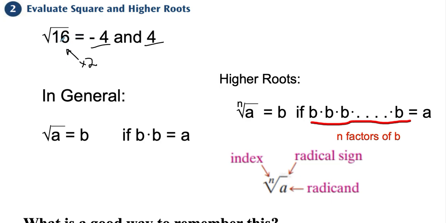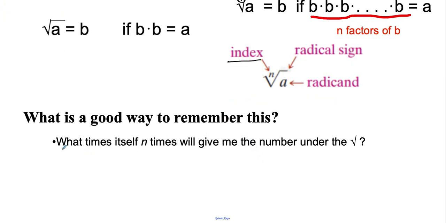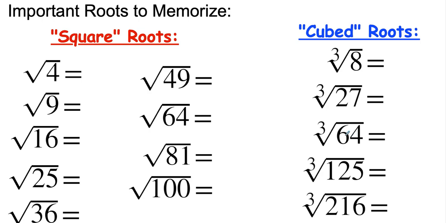Now this is just a square root. We could work with higher roots like a cube root, fourth root, fifth root, etc. And that's going to be shown by that little number there, which is called the index. Okay? So again, what number times itself n times will give me the number underneath the square root? That's the question you ask yourself to evaluate these.